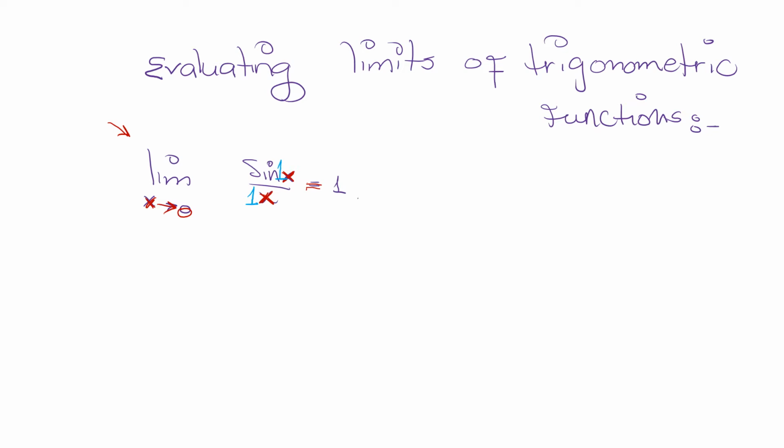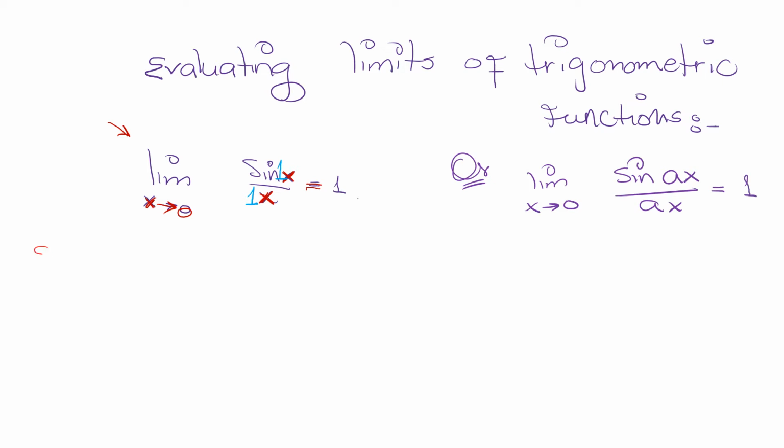Or in other words, we can say that if the limit of a function as x approaches 0 of sine ax, where a could be any constant number, divided by ax is also equal to 1.